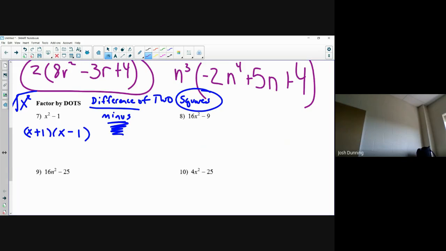If you know your perfect squares, this should be really easy. Like number 8, it has a little extra thought there because you got that 16, but you just say, hey, what's the square root of 16? 4. With your x, 4x goes first in both. 1 gets a plus, 1 gets a minus. Square root of 9 is 3. Done.